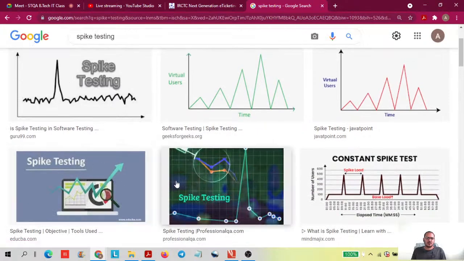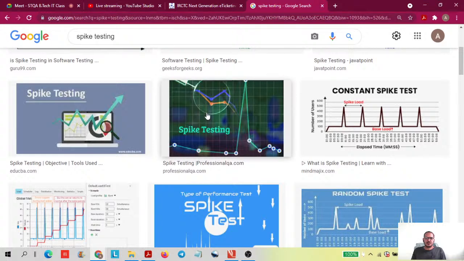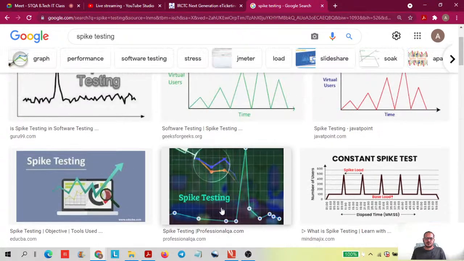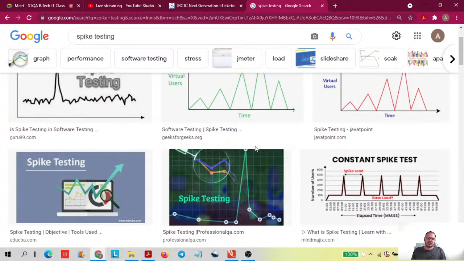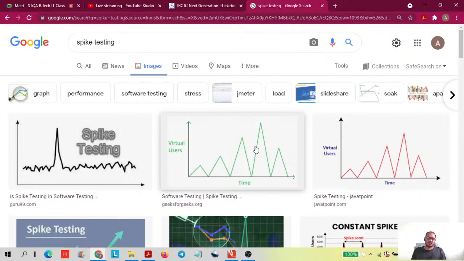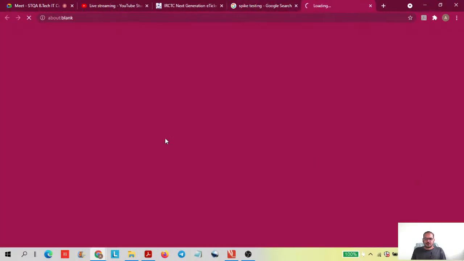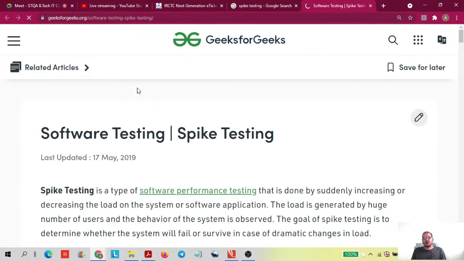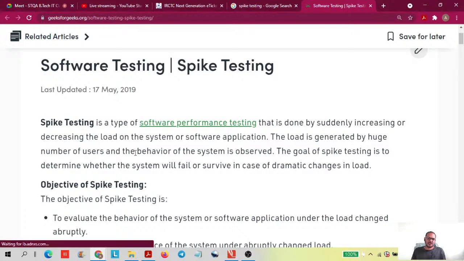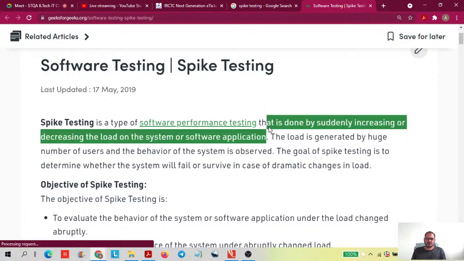Spike testing means a sudden increase in traffic, like suppose there is a viral video and the traffic suddenly increases. It is suddenly increasing or decreasing the load on a system or software application.